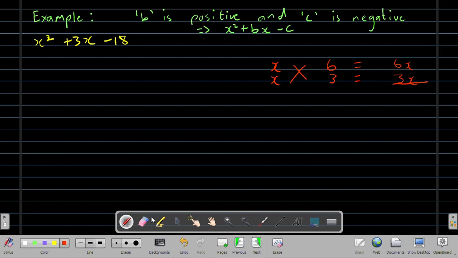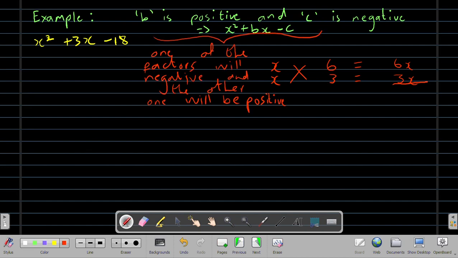In this case, the way to choose the correct signs is look at this number here, right? So as soon as you see this, you see b is positive and c is negative, right? What this means is, one of the factors will be negative and the other one will be positive. So we have to choose which one will be positive, which one will be negative.